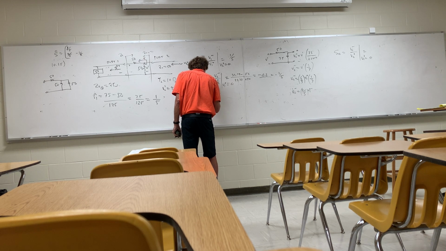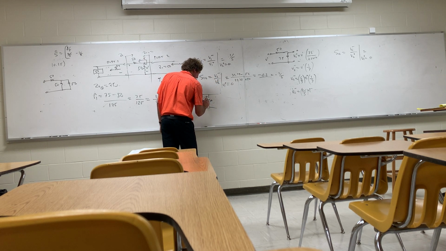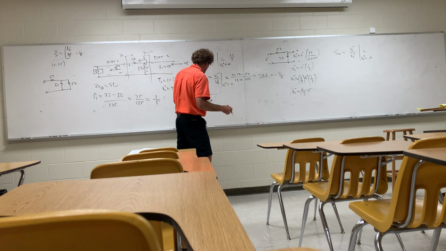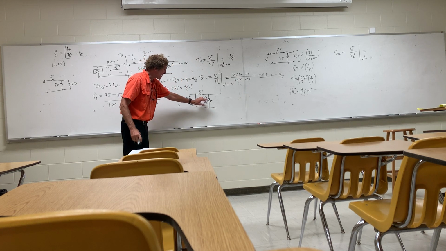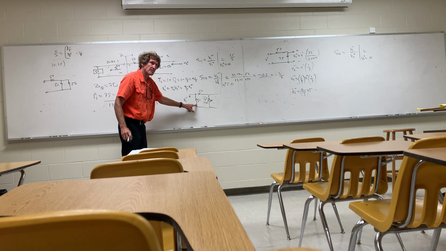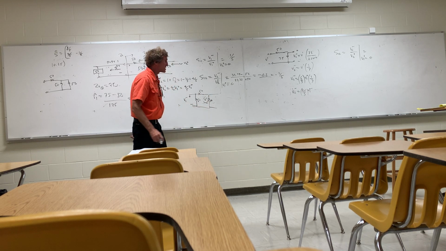I need my V1 minus. So V prime is across both, and it's going to be that divided by 2. Because 50 ohms is in series with 50. This 50 doesn't have anything to do with it. You've already got the voltage across it.